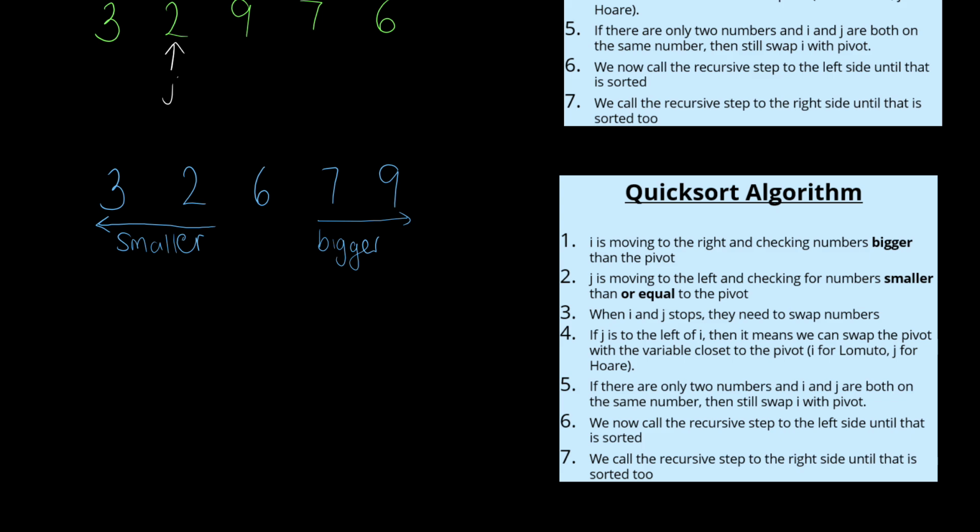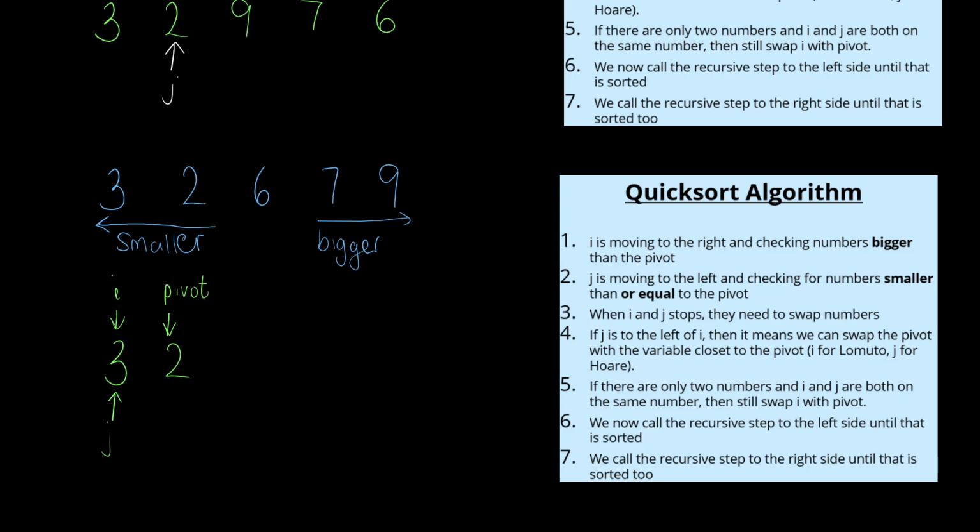So on the left side, we have 3 and 2. We're going to do the same procedure. The last number is going to be the pivot. The first number is I, and the number one less from the pivot is J. We're then going to be asking that same question.